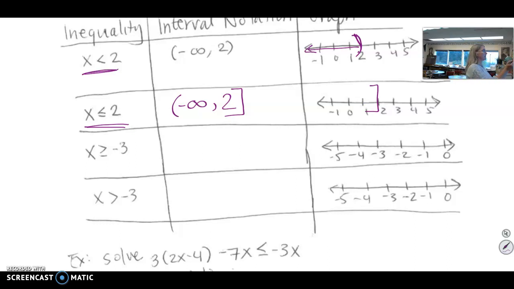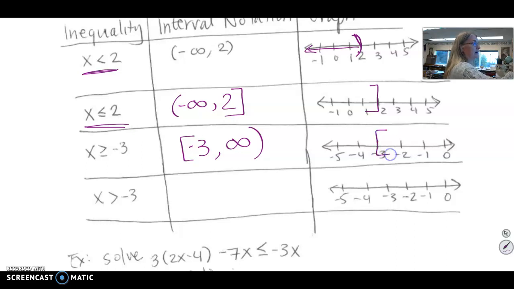Check your work. So for this next one, x is greater than or equal to negative 3. So the lowest number is negative 3, including negative 3, and x is anything greater than that. So the lowest is negative 3 up to anything bigger than negative 3, which doesn't have an endpoint. You can go all the way to infinity, but I'm going to use a round parenthesis at the other end because you can't ever reach infinity.